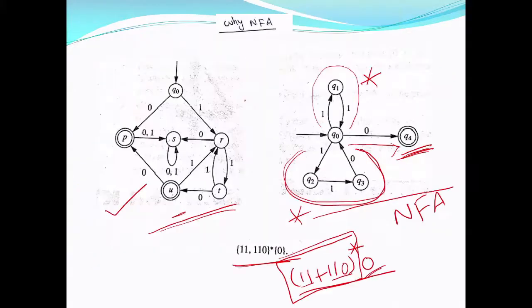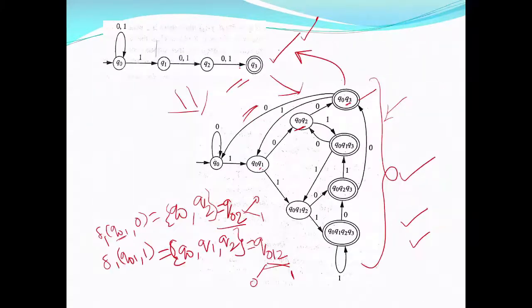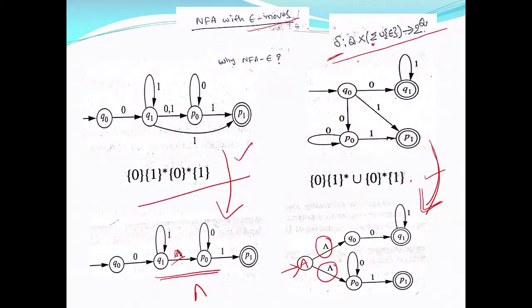But if you look at NFA epsilon, from one state, it may be one input symbol or it may be no symbol at all. That is epsilon. This is extra. So without any input symbol also, it can go to more than one state. So this is called NFA with epsilon moves.